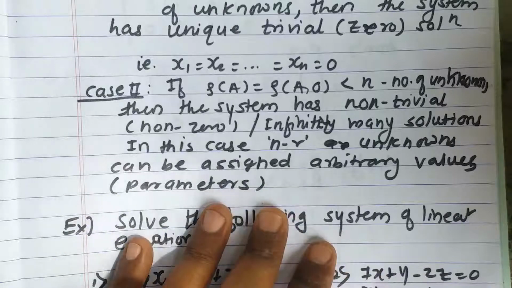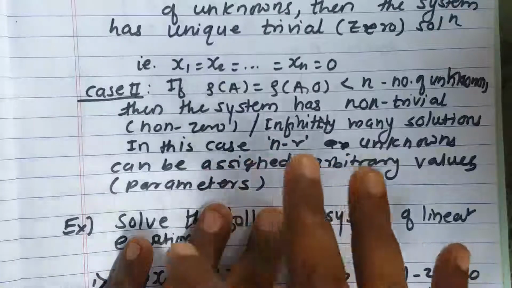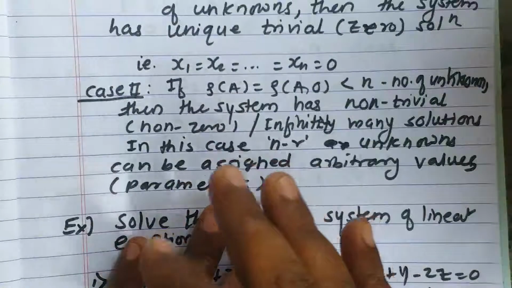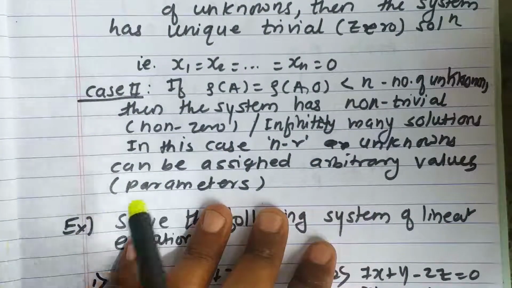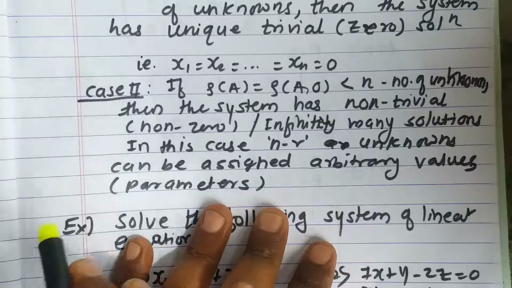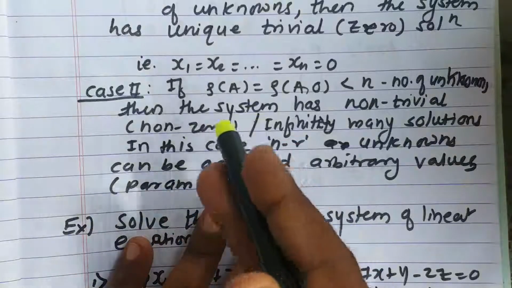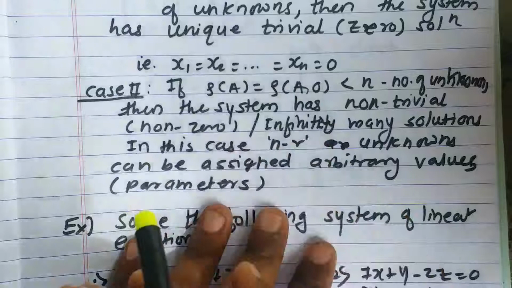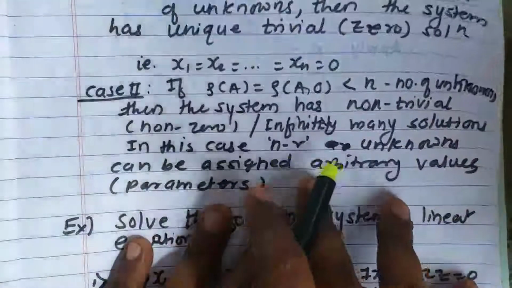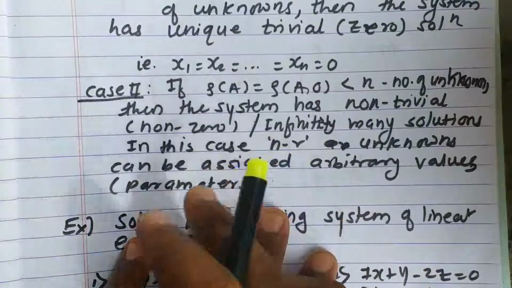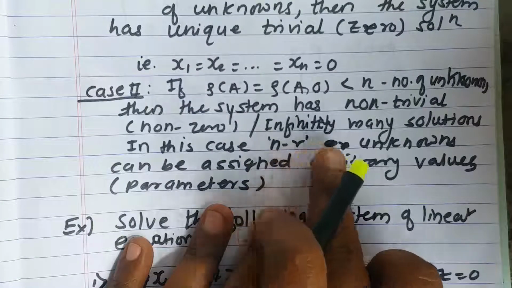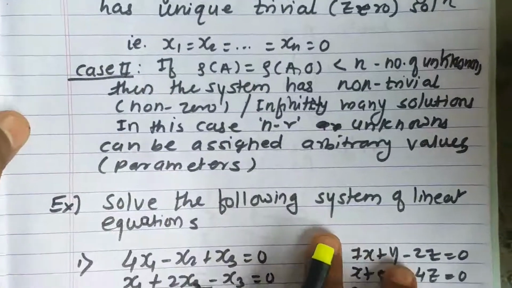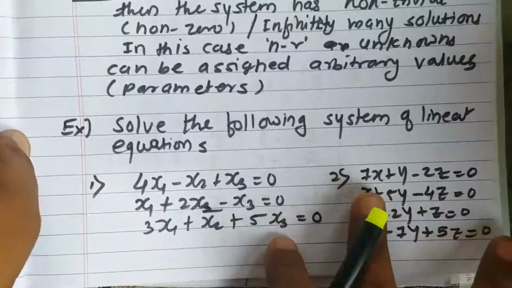So out of 4 unknowns, 2 unknowns can be assigned arbitrary values, that is parameters like s, t. In the examples of non-homogeneous systems also we assigned a parameter t to one variable z. In that way you assign the parameters, and how many unknowns are assigned a parameter depends on the difference between the number of unknowns and the rank of the matrix.